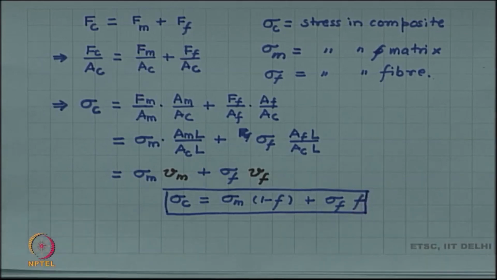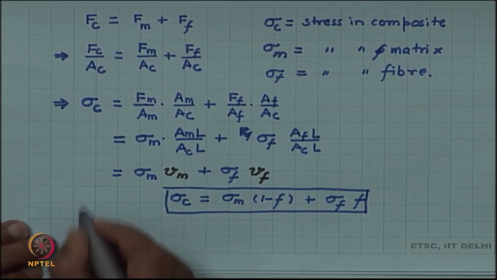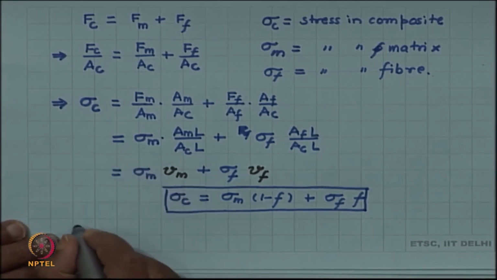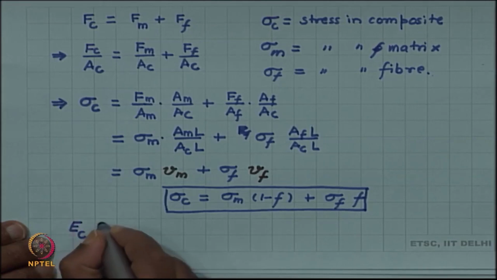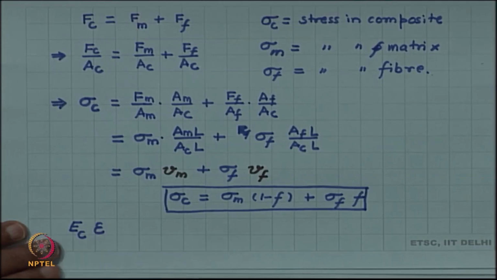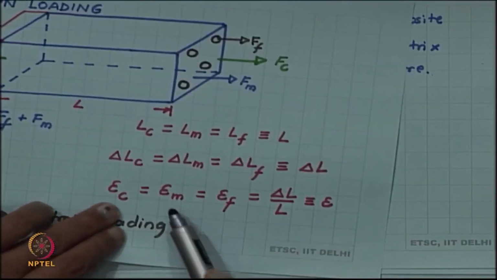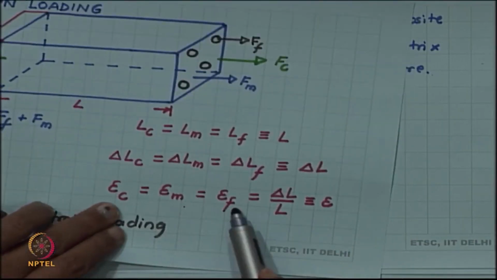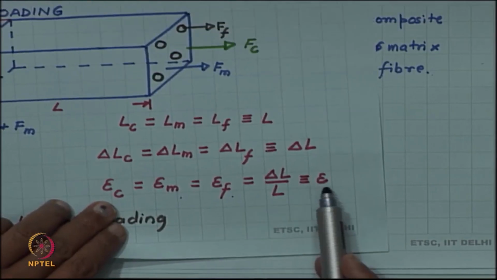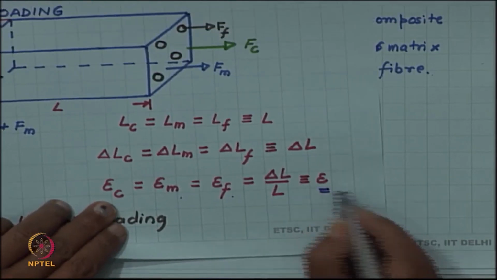But we are interested in the modulus. So, I write stress as modulus of composite times strain in the composite, but strain in the composite we have seen is strain in the matrix and strain in the fiber are all same and is equal to epsilon.